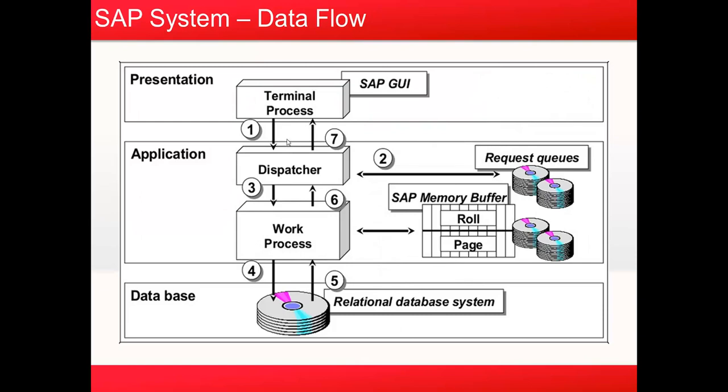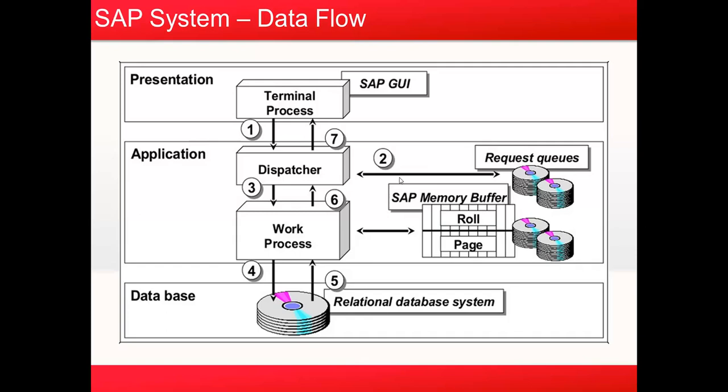Here you can see how the flow of information takes place. From the end user using SAP GUI, the request comes from the presentation layer to the dispatcher. Before the dispatcher handles it, it remains in the request queue.